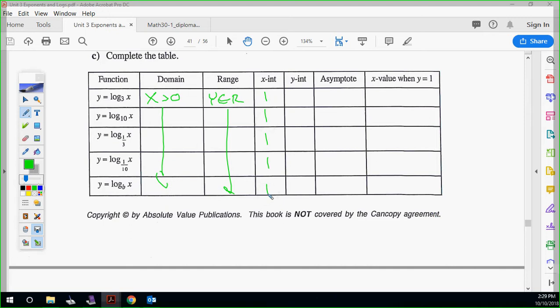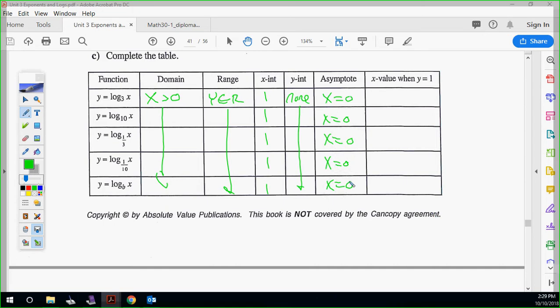So then y-intercepts, we know we don't have any, right? What's the asymptote of these log functions? What's that, Jake? x equals 0, yeah. The vertical, the y-axis, right? Because we're not crossing the y-axis. So that's my asymptote that we're not touching.